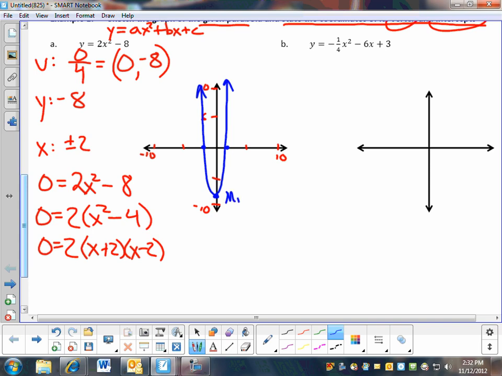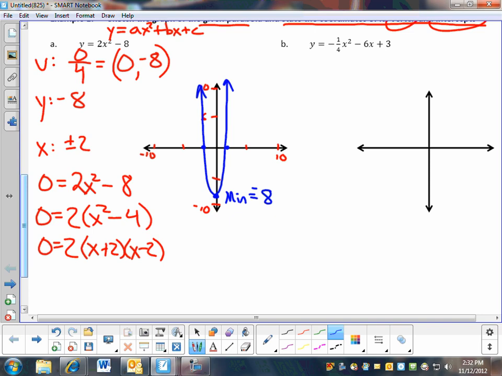And what is the minimum value? -8. Now, we're not asked to provide that, but if you were asked to provide that, that's all you need to do. Review from last year. Graphing parabolas. Okay. Let's try one slightly more difficult.